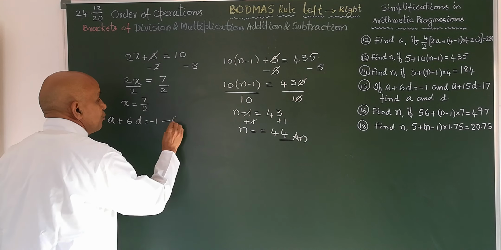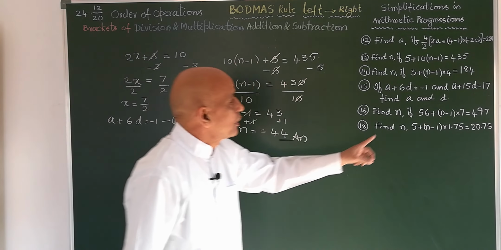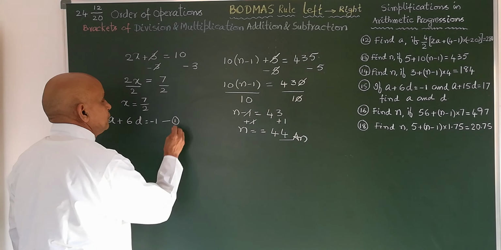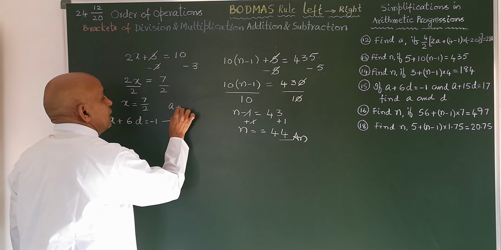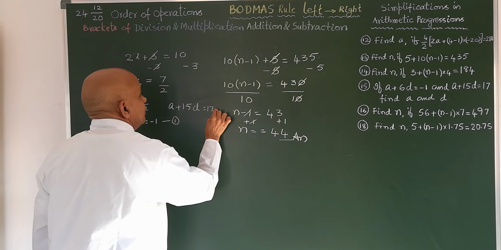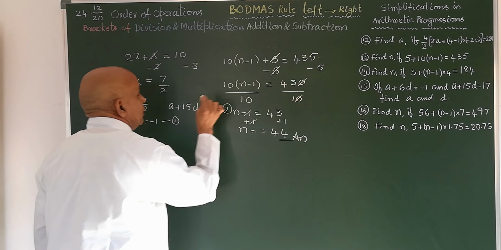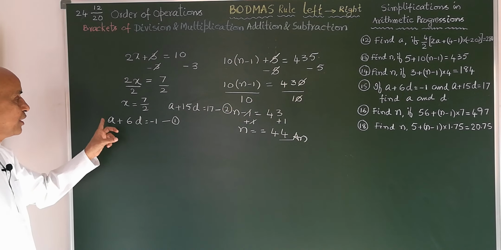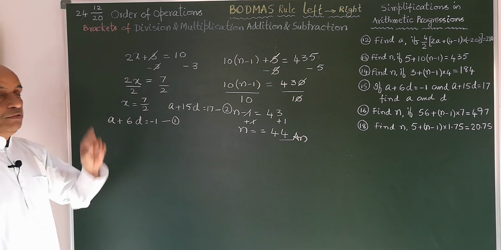So this is equation 1. And a plus 15d is equal to 17. This is equation 2.